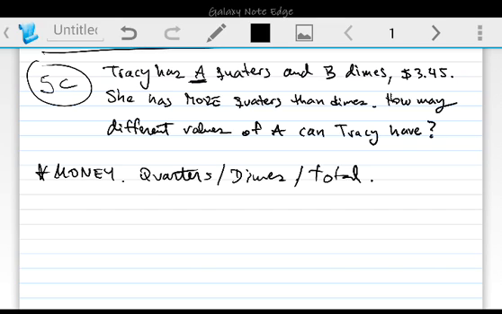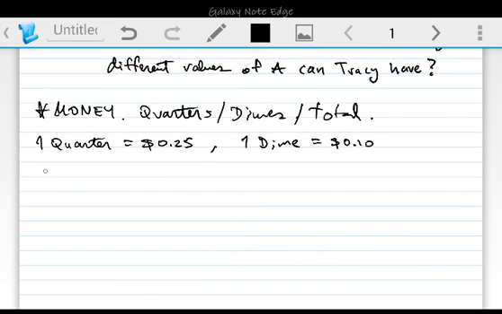In order to count money, we know that 1 quarter is going to be 25 cents, correct? And then we know that 1 dime is going to be 10 cents.